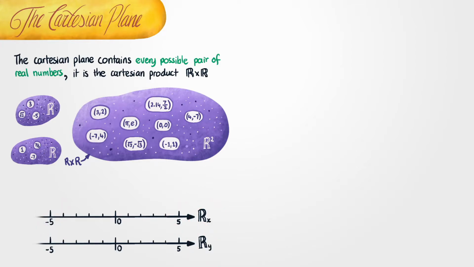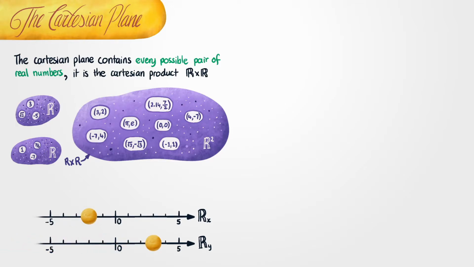Now, as we said, R squared contains every possible pair of numbers, right? So I want you to imagine that Rx is going to contain the first number in your list, and Ry is going to contain the second number. So let's choose a random value for Rx and a random value for Ry.